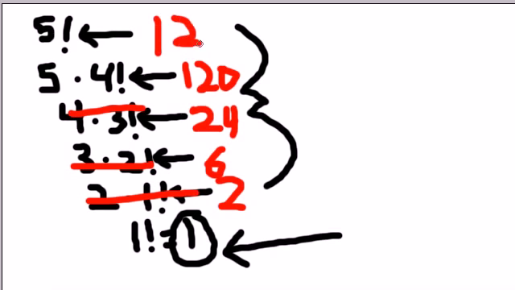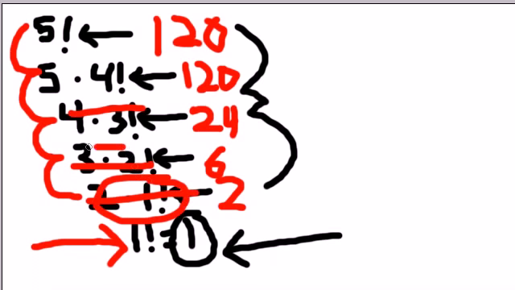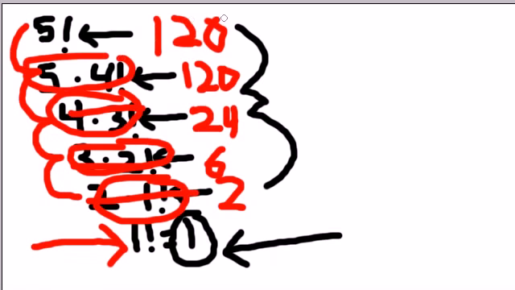Yeah, it's 120. So what it's pretty much doing here is it's trying to solve itself, but it's storing what it doesn't know in memory, and then when it finally finds a number that it can work with, it tracks through all of the numbers again and steps its way back up until it can finally solve its problem. I know it kind of sounds confusing, but this is the easiest way I can explain it.